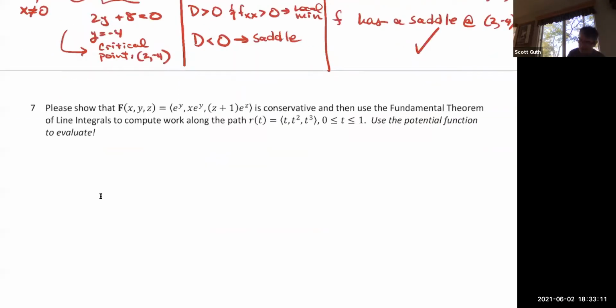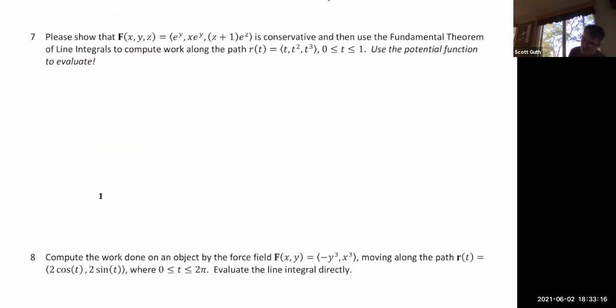Okay, so on number 7, they say show it's conservative. So I want you to use the curl to do this. So let's just say using the curl of f.